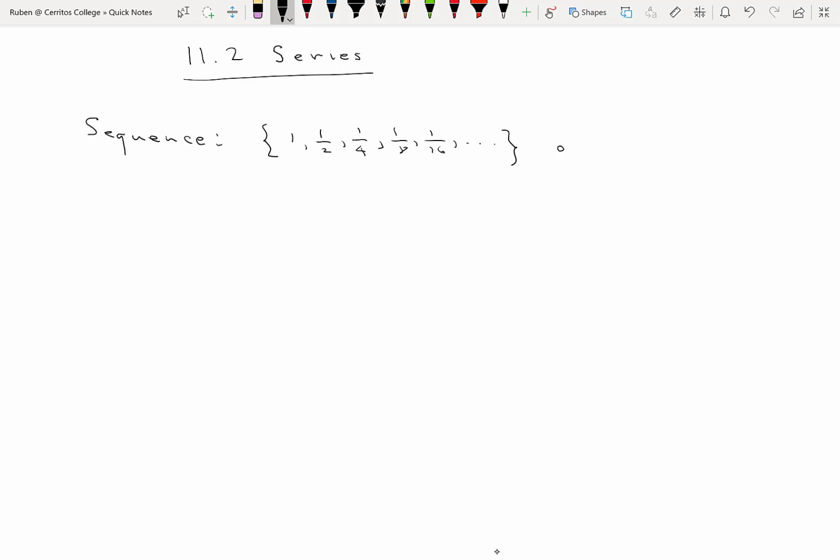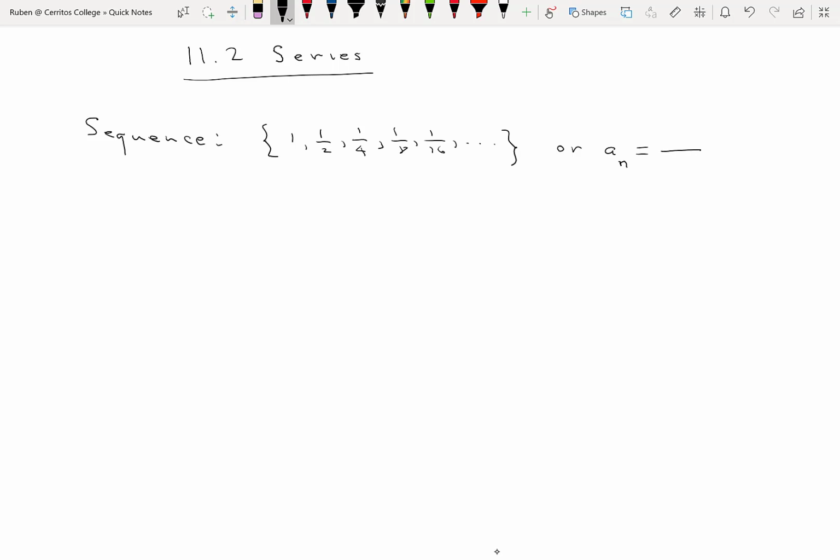Instead of the actual list itself, we could write what's called the general term for the sequence as a function. And instead of using function notation like a of n, the way we normally do with functions, we put the independent variable in the subscript. So a sub n instead of a of n.